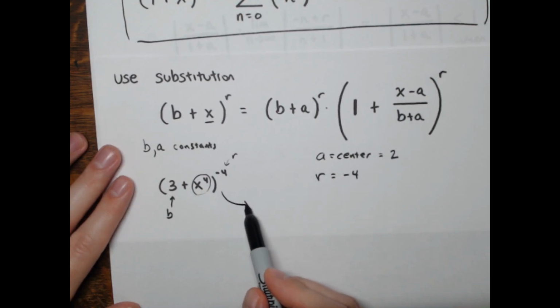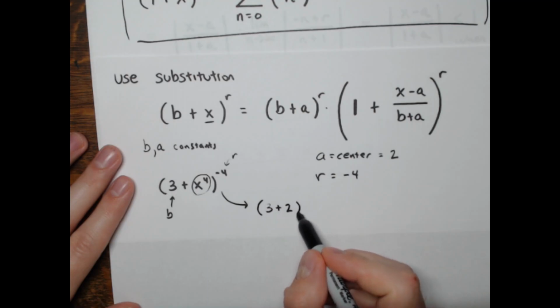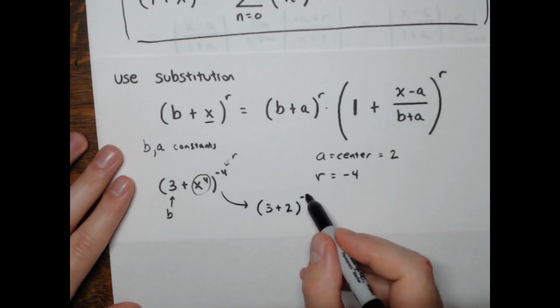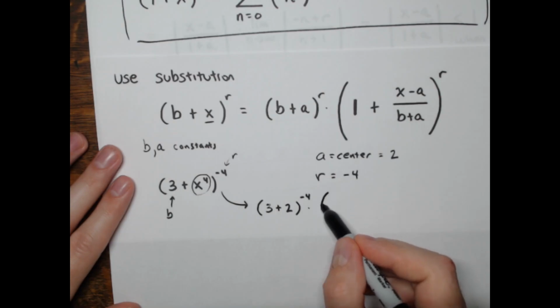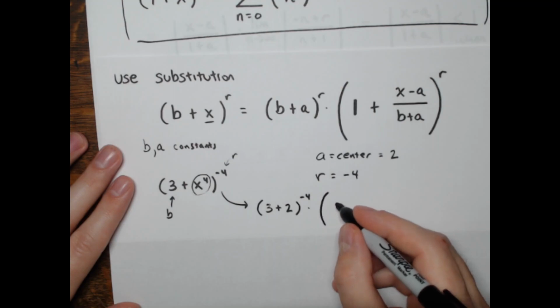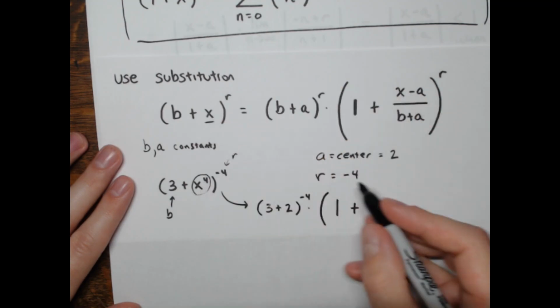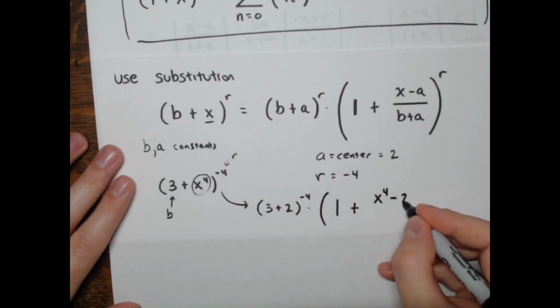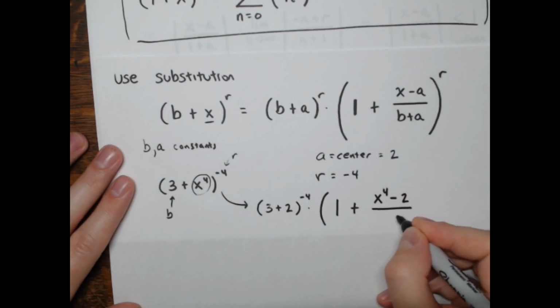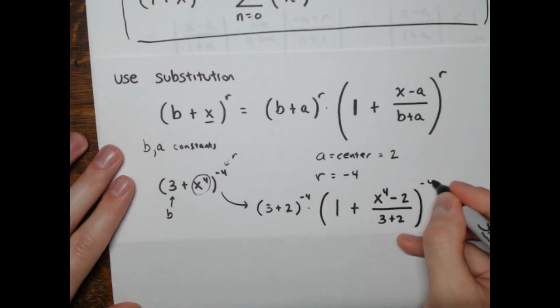So let's rewrite this as 3 plus 2 to the negative 4 power, b plus a to the r, times the quantity 1 plus, and then the x here is x to the fourth. x to the fourth minus a, which is 2, divided by b plus a, 3 plus 2, and all this to the negative 4.